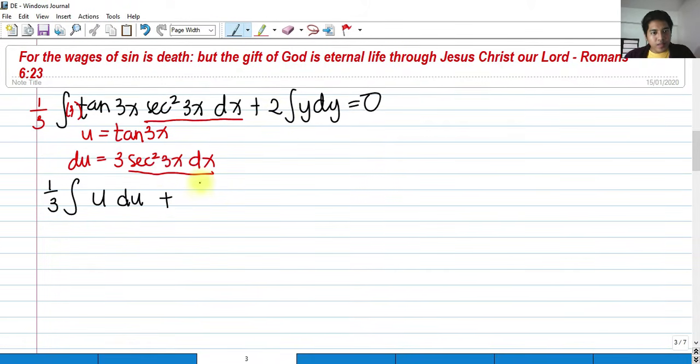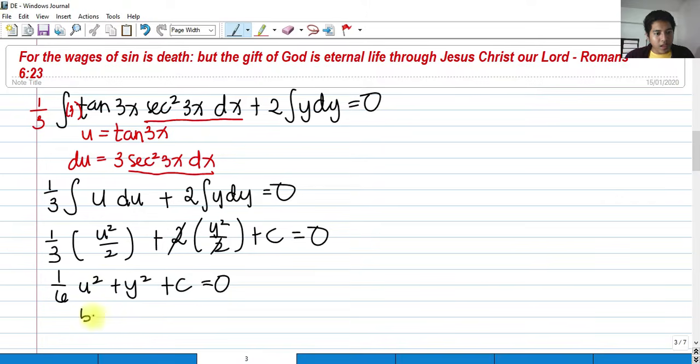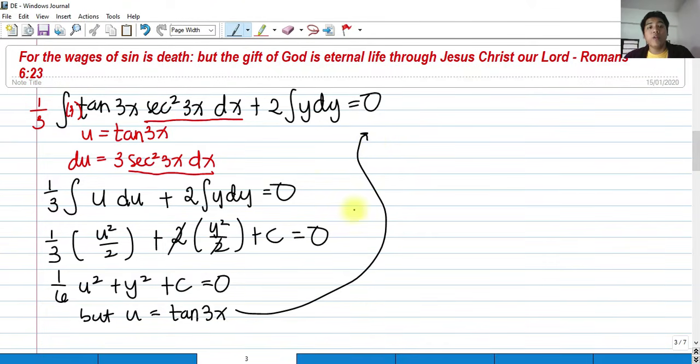If we integrate this, it's very easy. We have 1/3 times, by the power formula, u squared over 2 plus 2y squared over 2, plus, of course, c. Don't forget that. So this would cancel, and we know that this is 1 over 6 u squared plus y squared plus c is equal to 0. But again, u is equal to tangent of 3x, so we need to substitute it back.